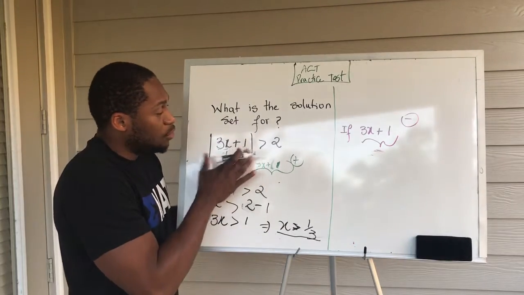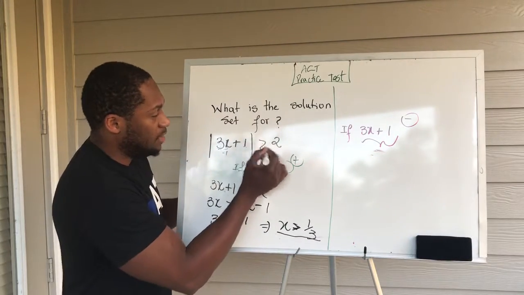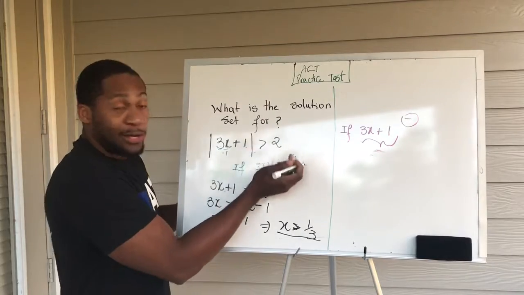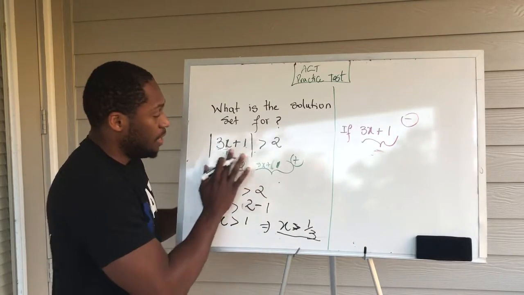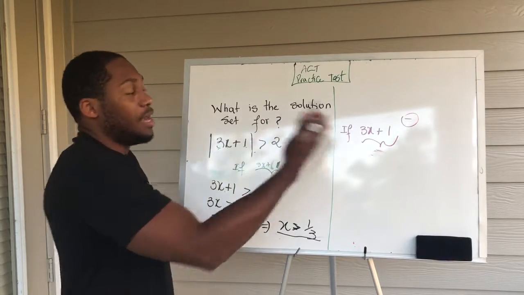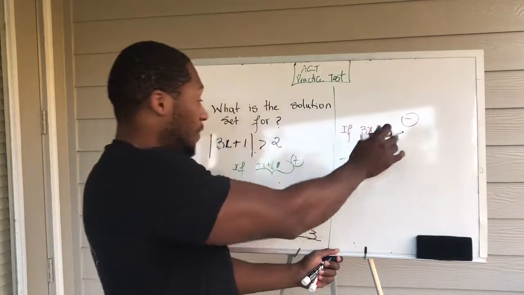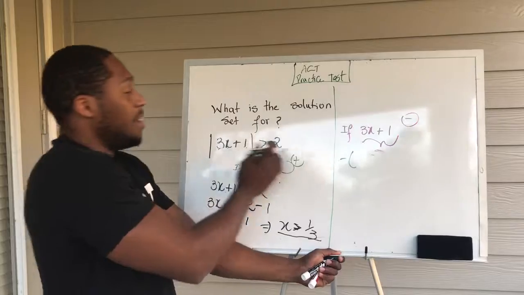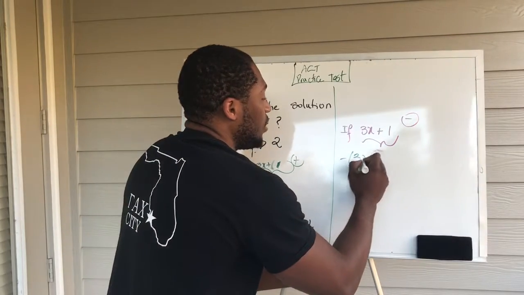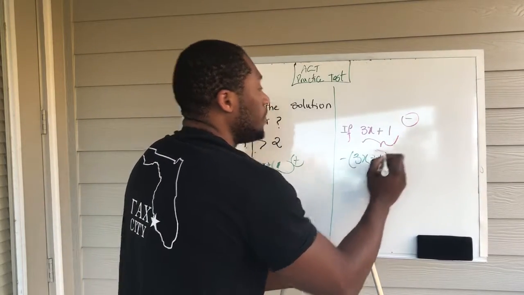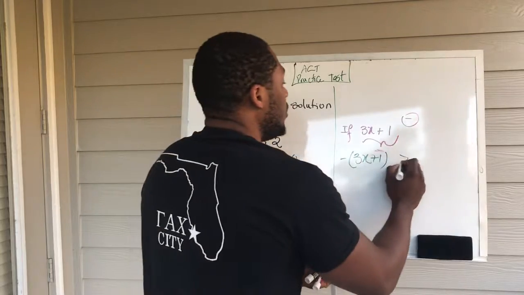In order for this to be greater than 2, you're going to have to change the sign of it. Negative 2 becomes positive 2, and then that's when you can solve it. So if the inside is negative, the absolute value of this is going to be minus (3x plus 1), and this is going to be greater than 2.